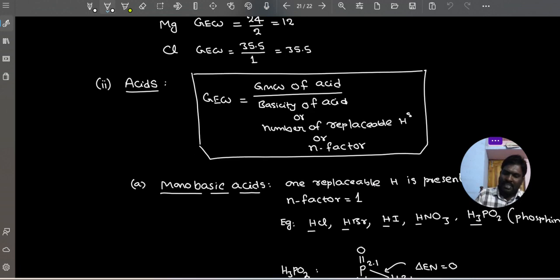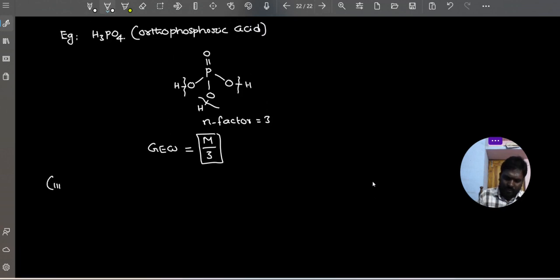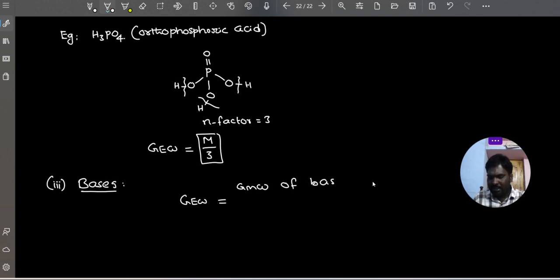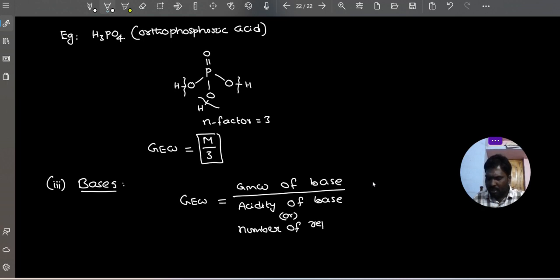Now coming to bases. Gram equivalent weight is equal to gram molecular weight of base divided by acidity of base, or the number of replaceable hydroxides.